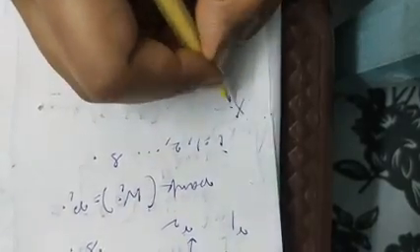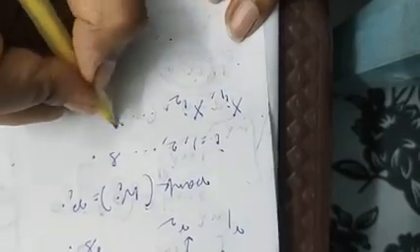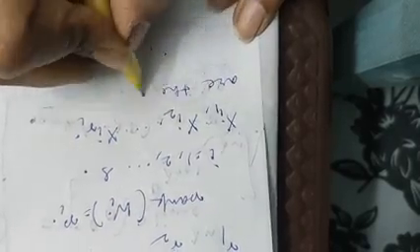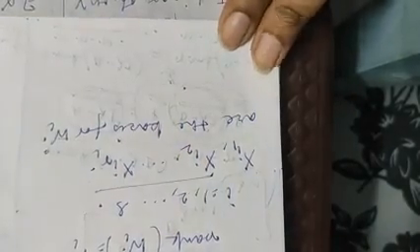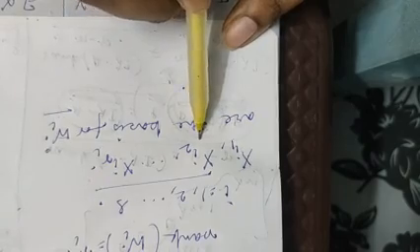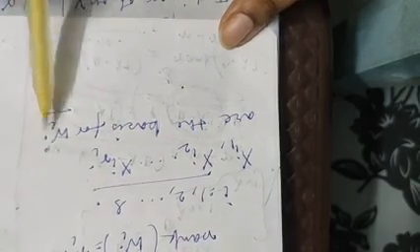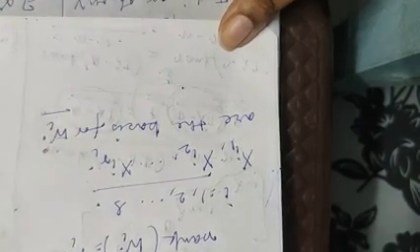Let xi1, xi2, dot dot, xi ri be the basis for wi. Obviously i runs from 1 to s. That means for w1 a basis is xi1, for w2 a basis is xi2, dot dot, for ws a basis is xis.